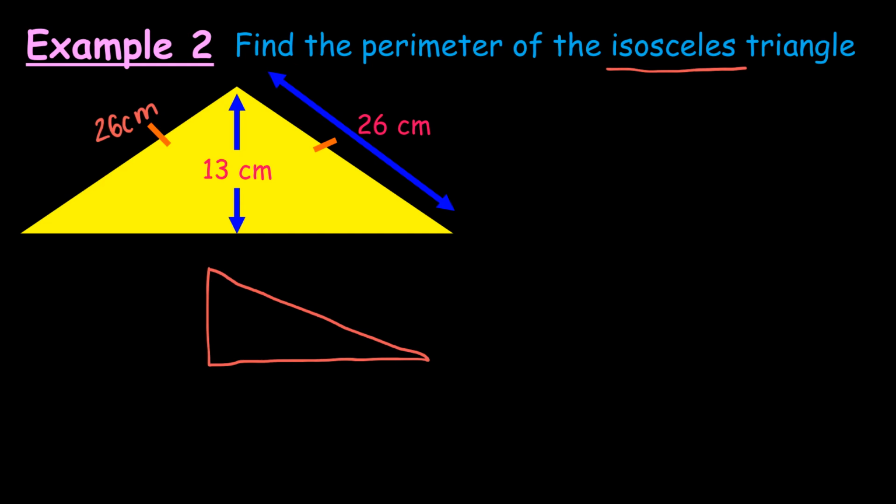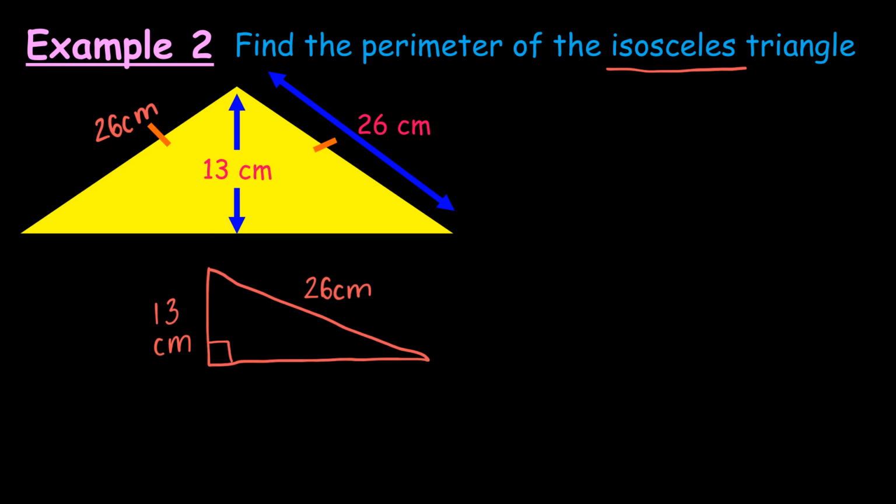And where we're going to find this right angled triangle is by splitting the isosceles triangle down the middle. So here, where we have the 13 marked on, we're going to split it down the middle. We know that this side here is 13 centimetres. And we know that the sloping side is 26 centimetres, because that's just this side here.